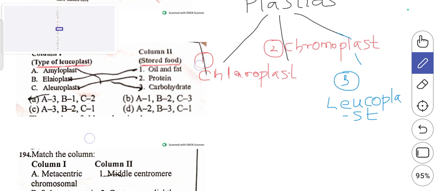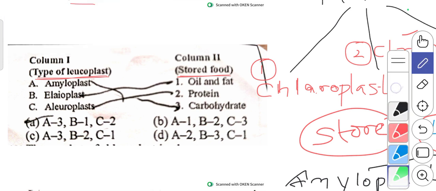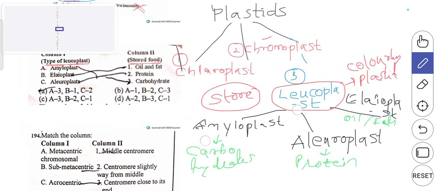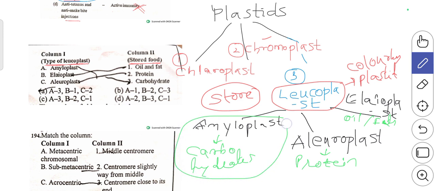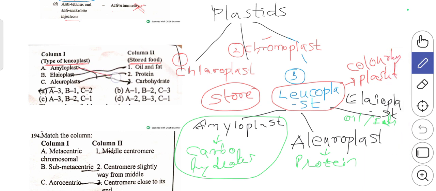So in this one they have given the leucoplasts. You have to choose the correct match. Amyloplast, what does it store? It stores carbohydrate. So the third one is the right answer here. Then what is the function of elaioplast?